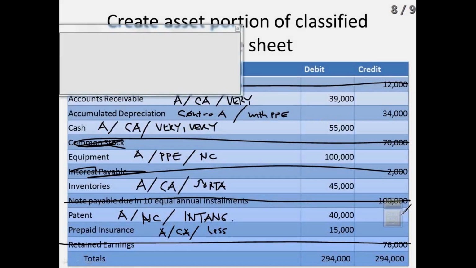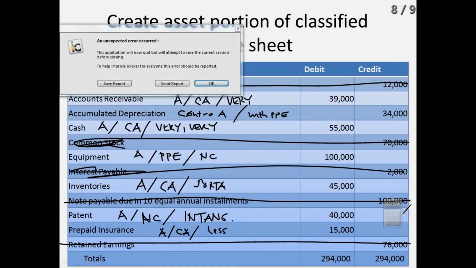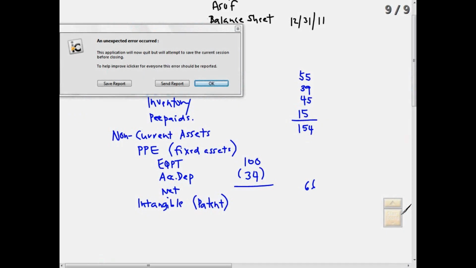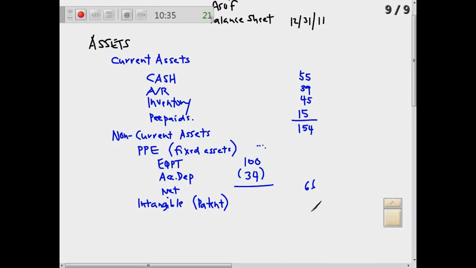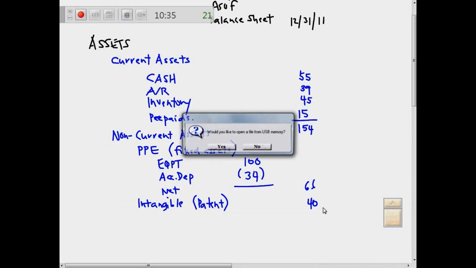We can go back. 40. Anything else? Have we forgotten anything?